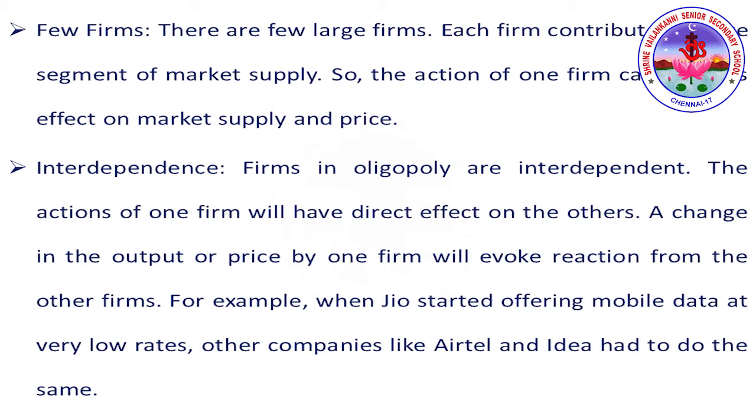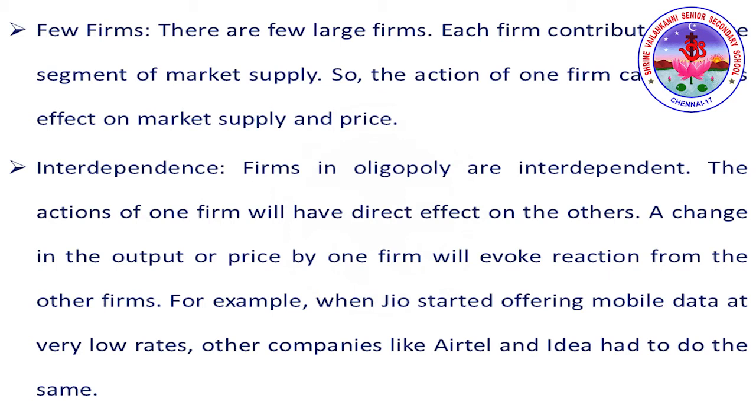There exists severe competition among different firms, and each firm tries to manipulate both prices and volume of production to outsmart each other. For example, the market for automobiles in India is an oligopolistic structure as there are only a few producers of automobiles.